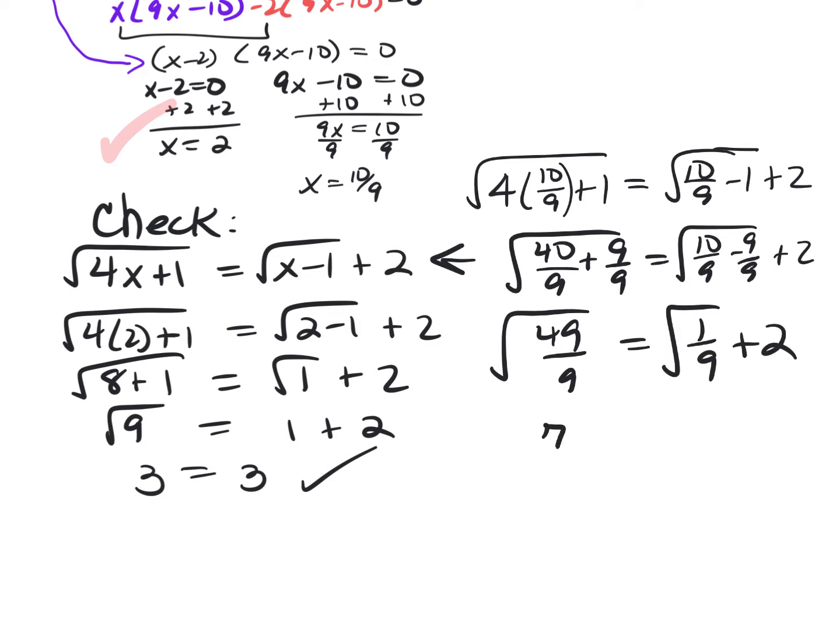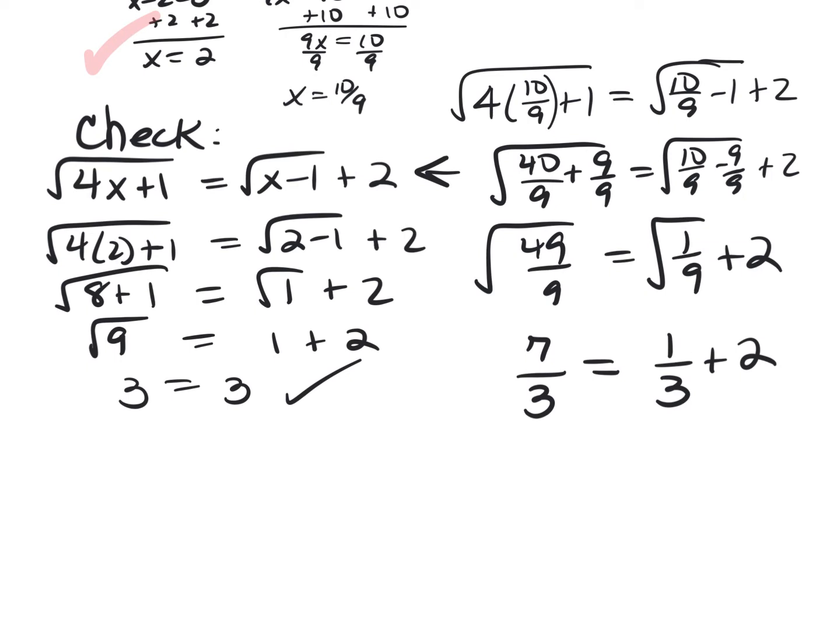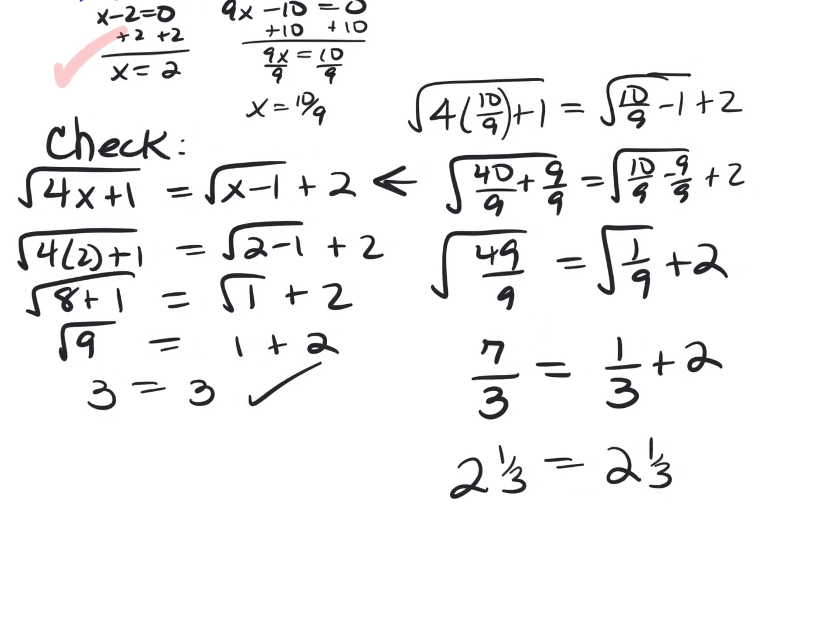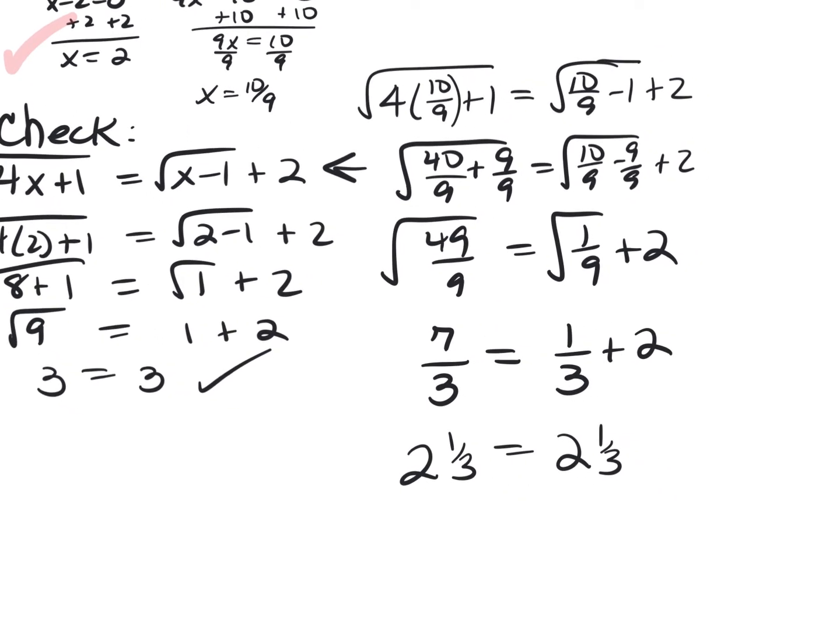49, when I square root it, it's 7. When I square root the 9, it's 3. And then here, the square root of 1/9 is 1/3 plus 2. And you can either make this into a mixed number, and you get 2 and 1/3, and this one's 2 and 1/3. Or you could have added this and found a common denominator.